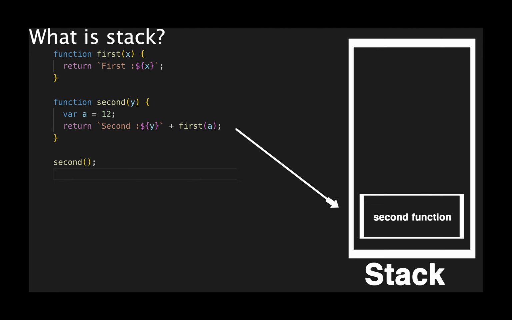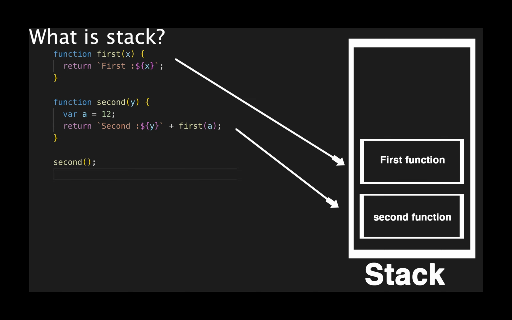As you can see in this code, we have two functions, a square function and a cube function. When we call the cube function, it's added to the stack. And after that, because we call the square function inside of the cube function, the square function is added at the top of the stack.